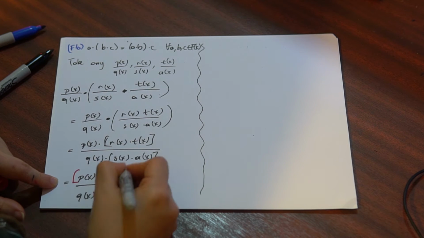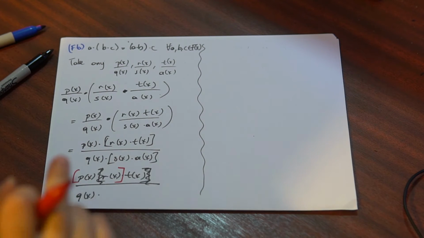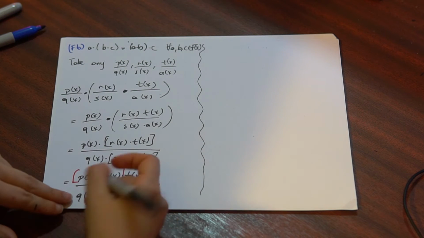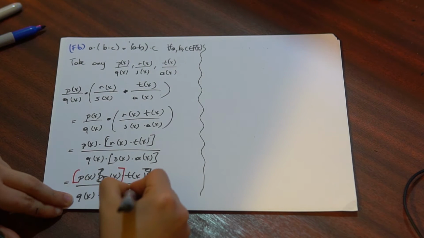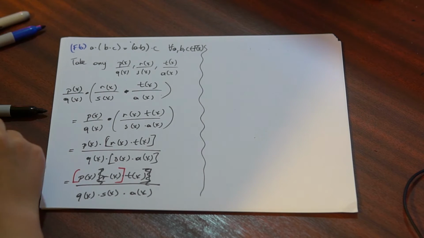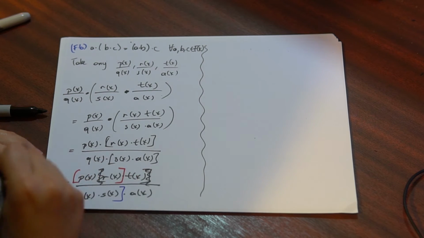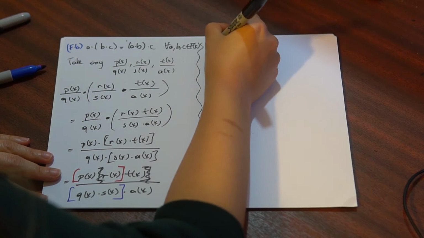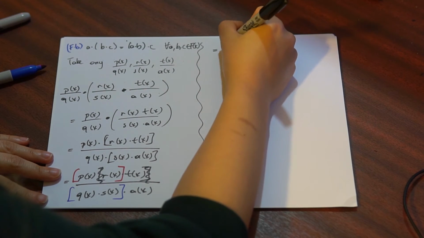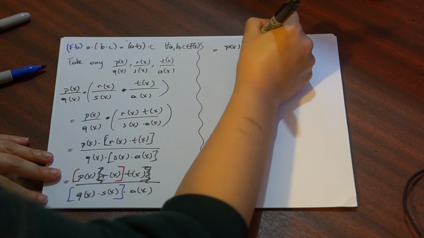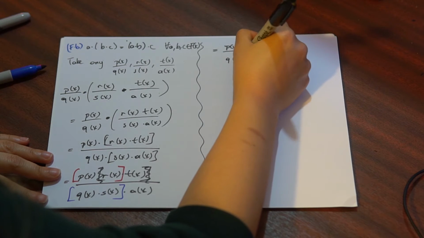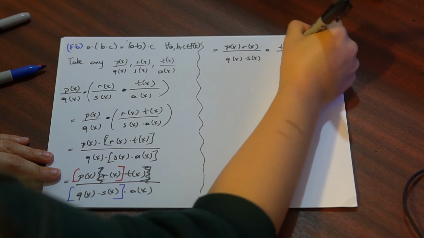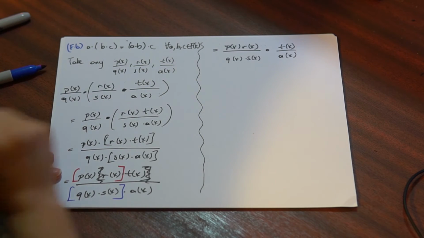Because of the associativity, we have (p(x)/q(x) · r(x)/s(x)) · t(x)/a(x) equals p(x) times r(x) over q(x) times s(x), times t(x) over a(x).